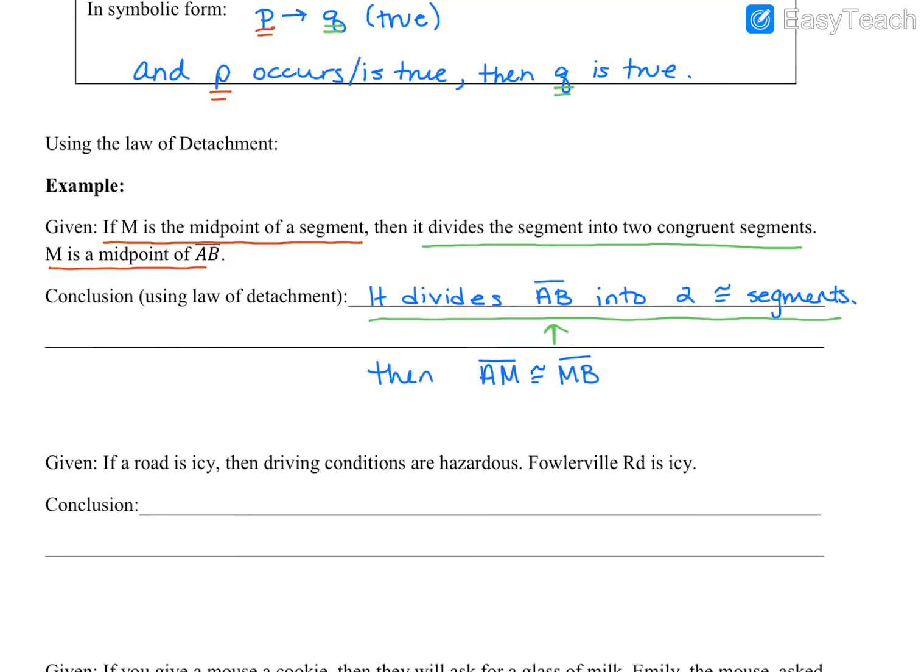All right, so the next one says, if a road is icy, then driving conditions are hazardous. So Fowlerville Road is icy. We have to make sure that it matches with the hypothesis. So our hypothesis is if a road is icy, and our conclusion is driving conditions are hazardous. We were given something similar to the hypothesis. The road is icy, but a specific road is icy. So since Fowlerville Road is icy and that does match our hypothesis, then we can make the conclusion.